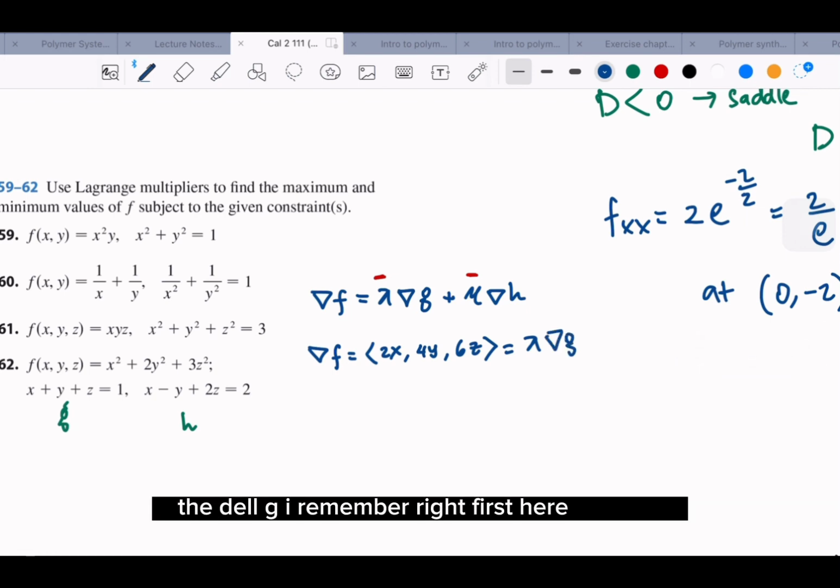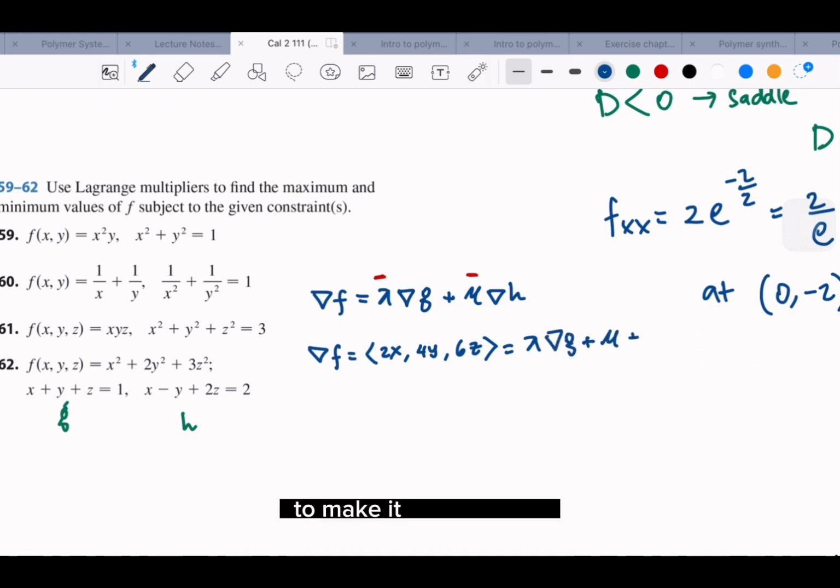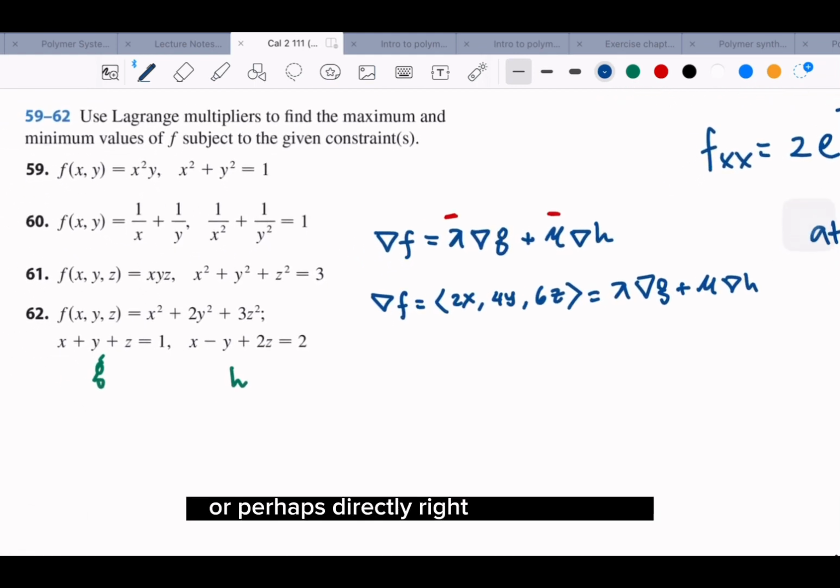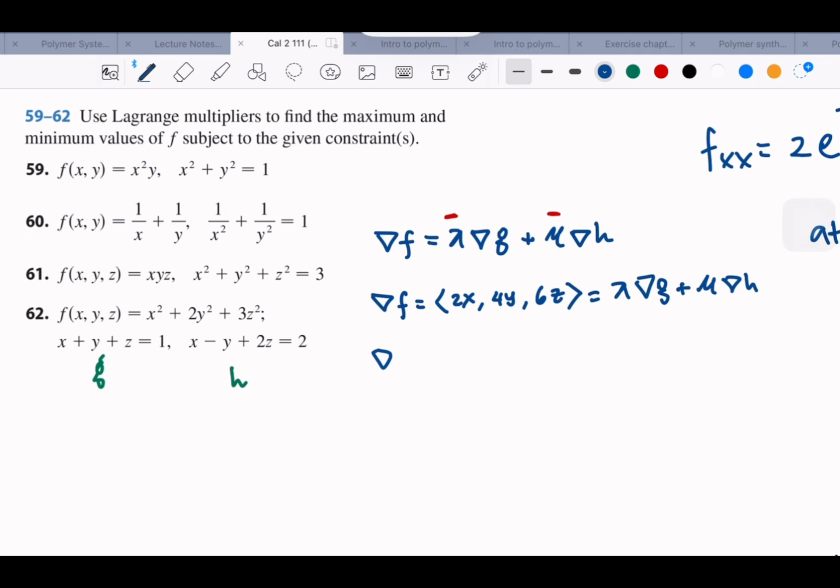I'm going to write first here to make it easier to see, or perhaps directly write the del g here. Oh shoot, what happened?